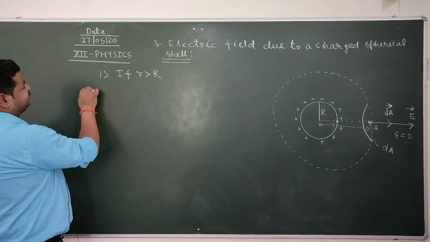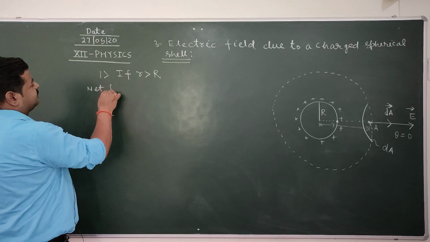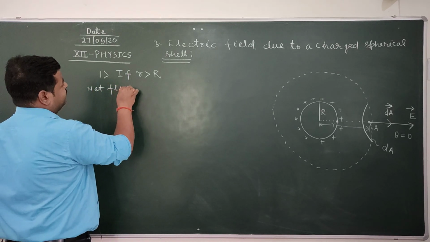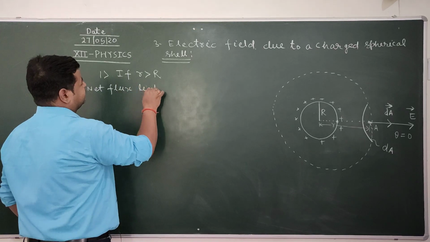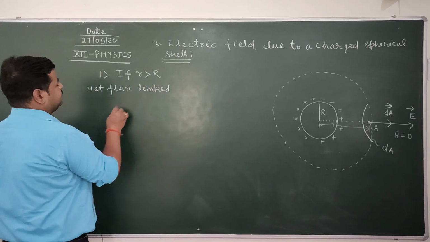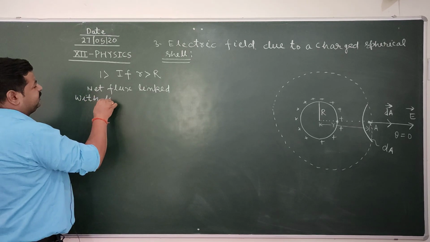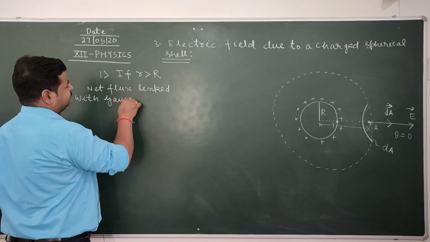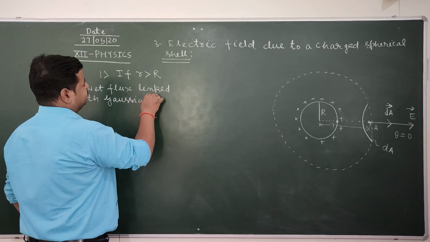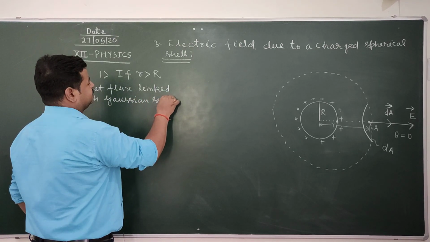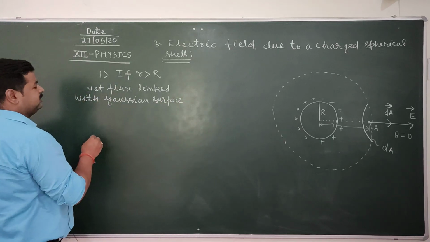So here we calculate the electric flux from the imaginary surface. So first, net flux linked with Gaussian surface. Clear?